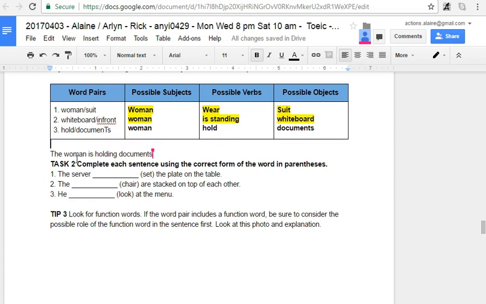The woman is holding documents. All right. Your sentence is almost correct, but what do you think is missing in your sentence?